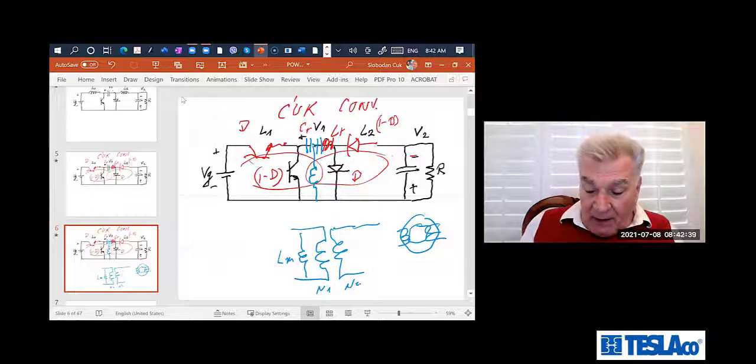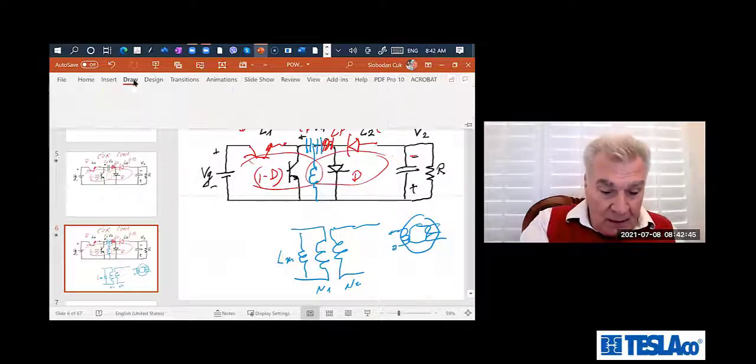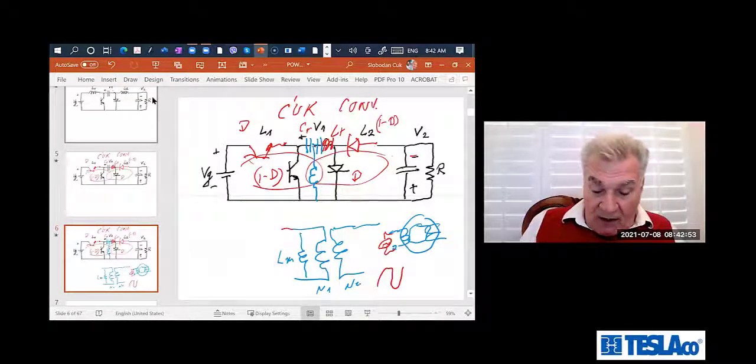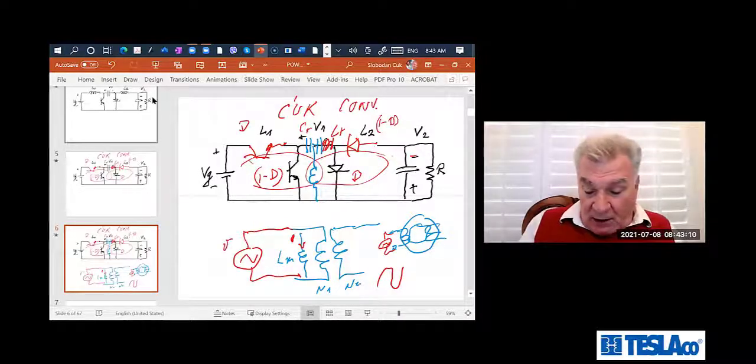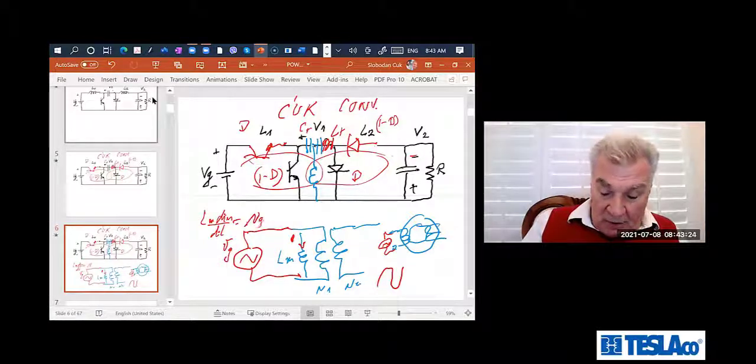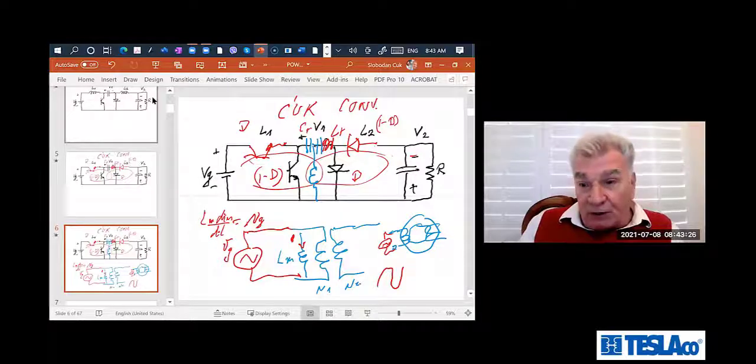So what happens is, the voltage on the input at 60 Hertz is a sine wave voltage. It generates, by definition, V = L di/dt, L magnetizing times di magnetizing per dt, which is the voltage of the generator, right? This voltage source is an AC driving voltage source.